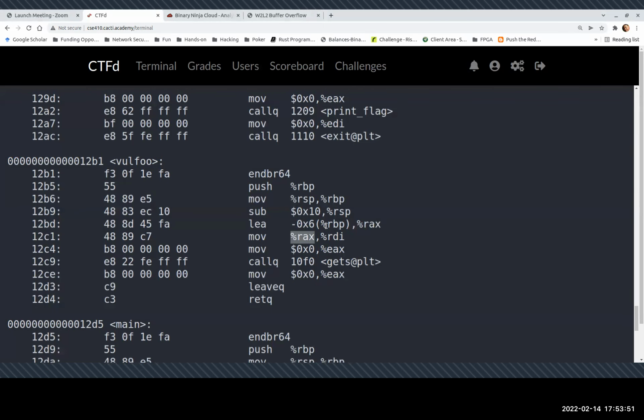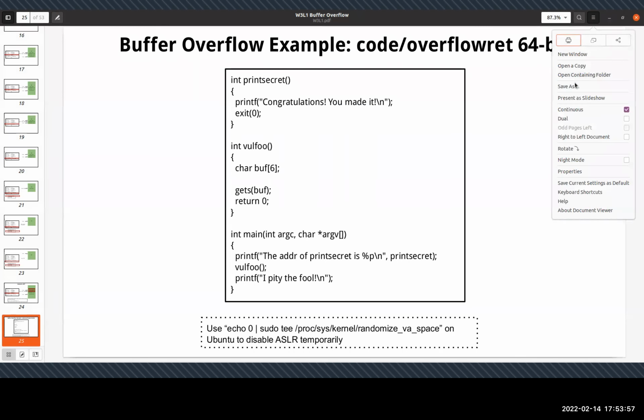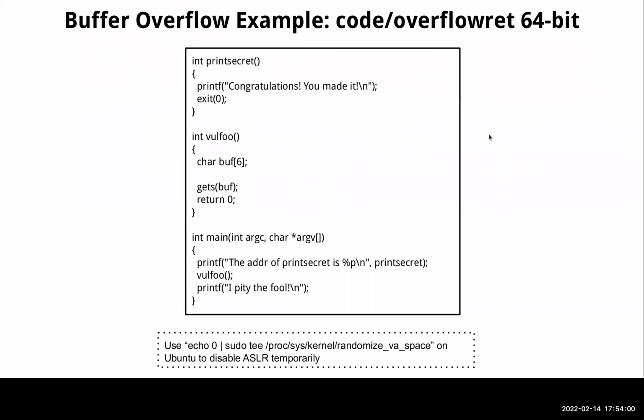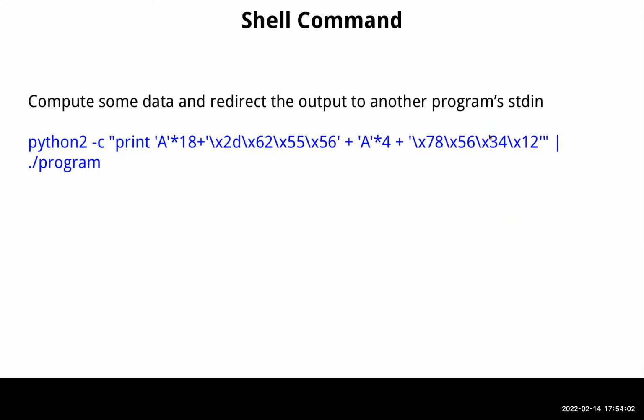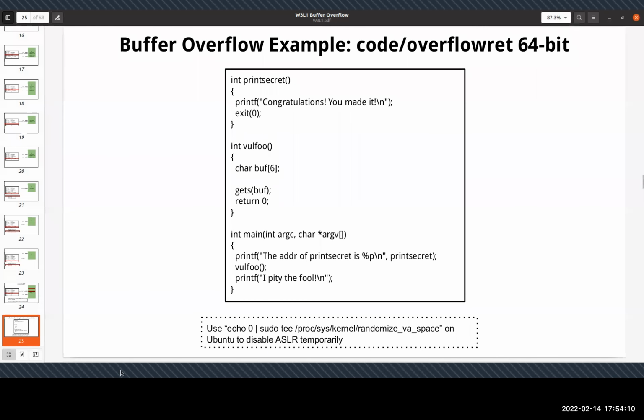Okay. So after those 6 bytes, what do we have? We have the saved RBP, which is 8 bytes. Then we have, I don't have a figure for that, 8 bytes of return address, right?